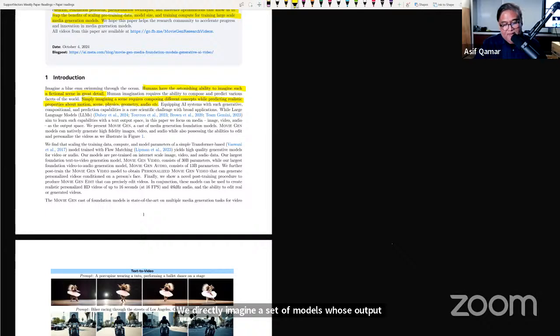We present MovieGen, a cast of media generation foundation models. MovieGen models can natively generate high fidelity images, video, audio, etc. Now, these things we have seen already in the demonstration, so I'll rush past this. Now the crucial statement is, how do we do that? This is the crucial thing.